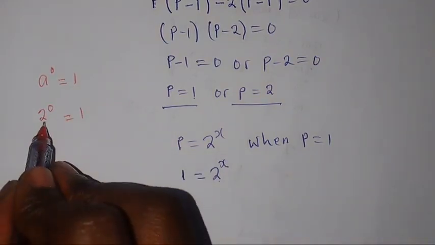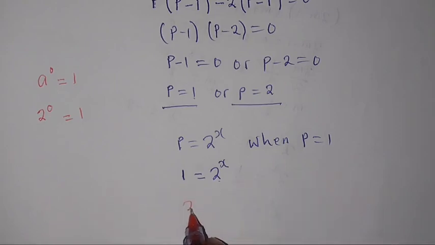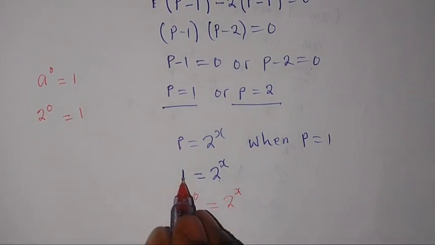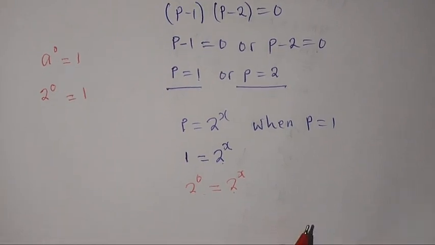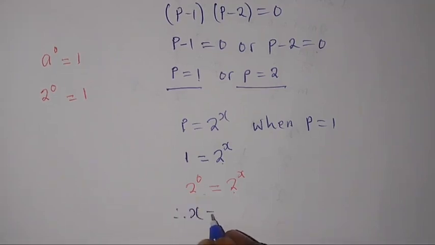So we can substitute there, 2 to the power 0 is equal to 2 to the power x, because we know that 2 to the power 0 will give us a 1. So the essence of doing this is to make sure that the bases are the same. So if the bases are the same, the powers are the same. So therefore, x is equal to 0.